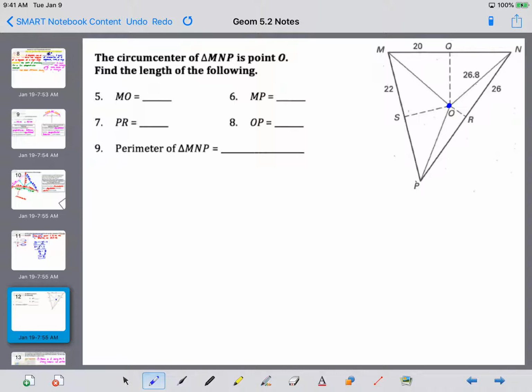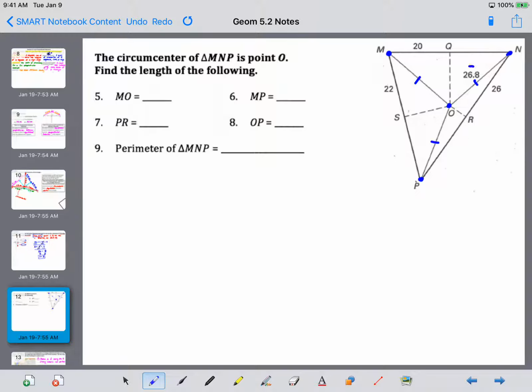Well, if you remember from that theorem that we did, theorem 5.4, we know that the distance from O to M is the same as the distance from O to N, and that's the same as the distance from O to P. So this length and this length are all equal.